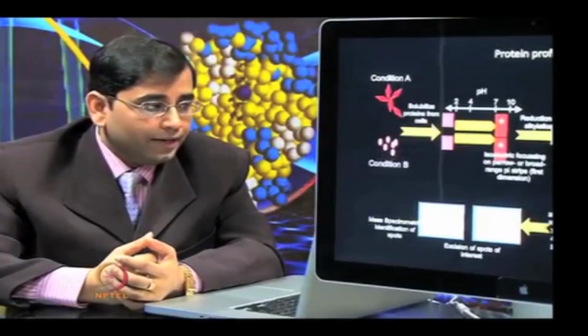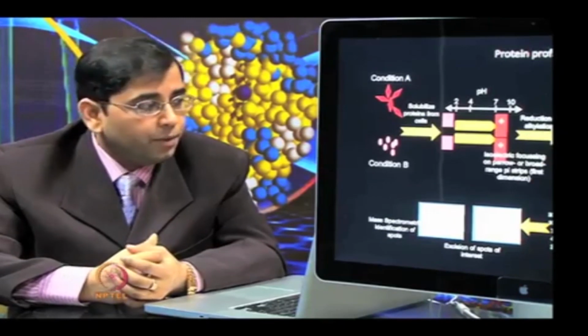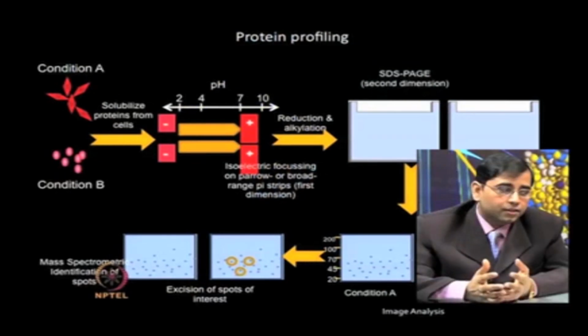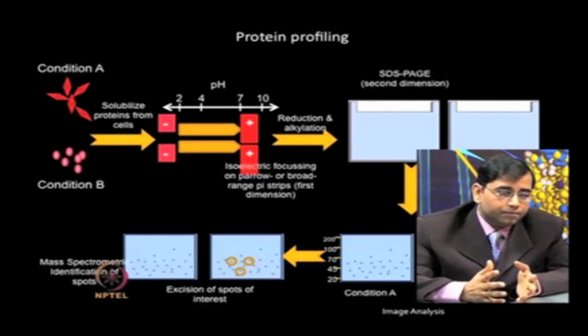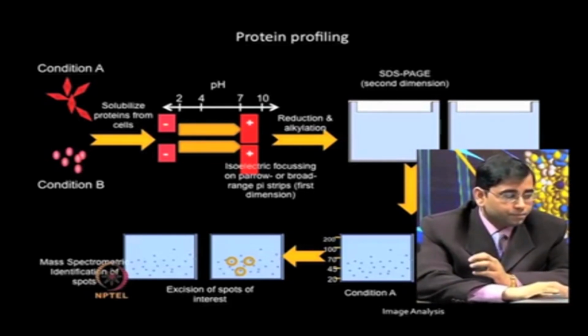So, the protein profiling, if you want to compare your different sample types from condition A to condition B, you need to solubilize the proteins from the cells and separate all the proteins by applying the pH gradient which is shown here in the first dimension.